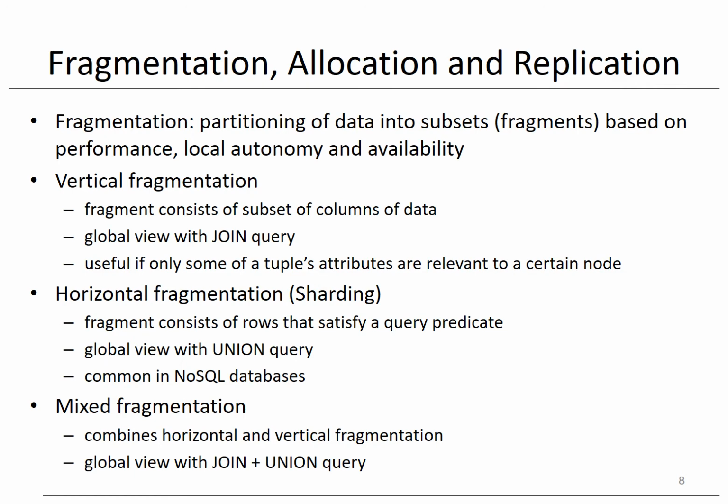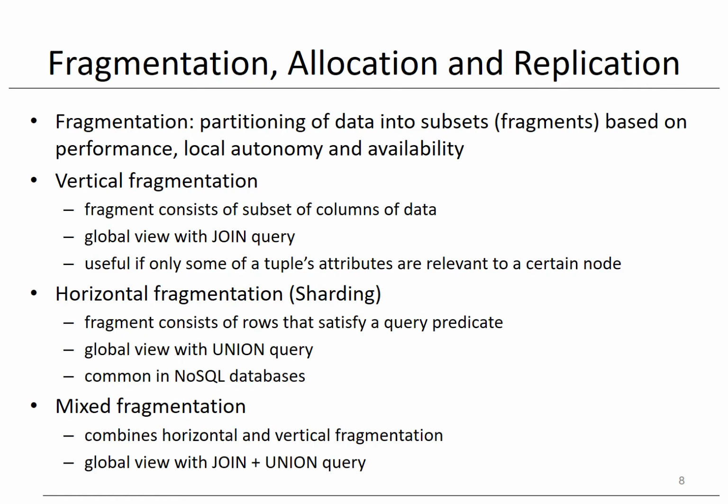Vertical fragmentation is especially useful if only some of a tuple's attributes are relevant to a certain node. The vertical fragments contain the necessary columns, most often the primary key, to combine the respective vertical fragments with a join construct if a view of the global dataset is required.